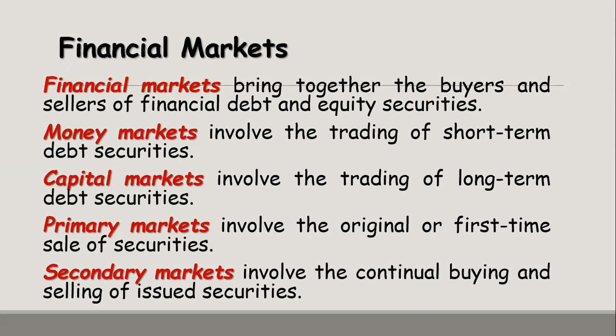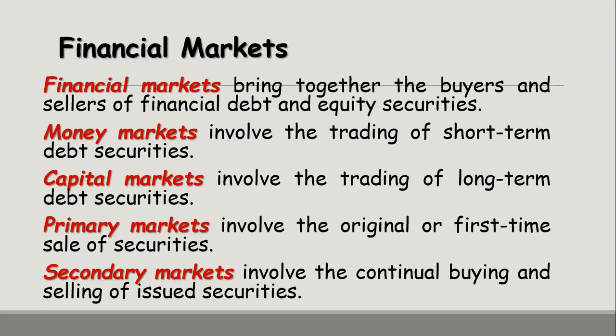Now, other markets include the primary market, which involves the original or first-time sale of the security. Because the security is sold for the first time, the money comes directly to the firm, either as capital equity or capital debt.